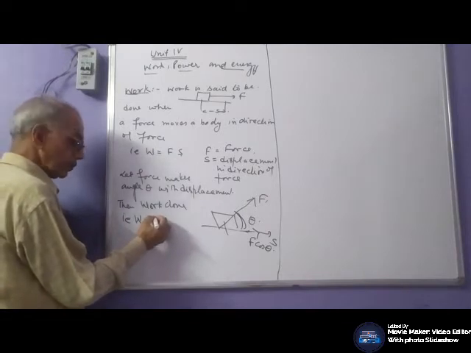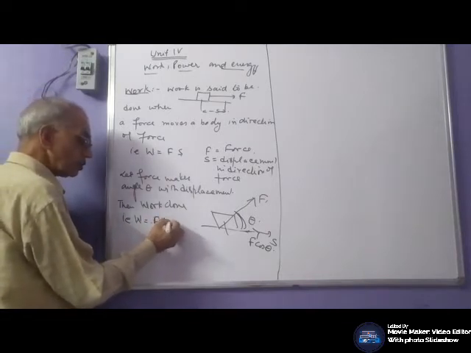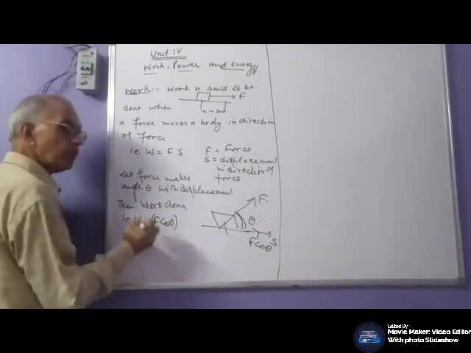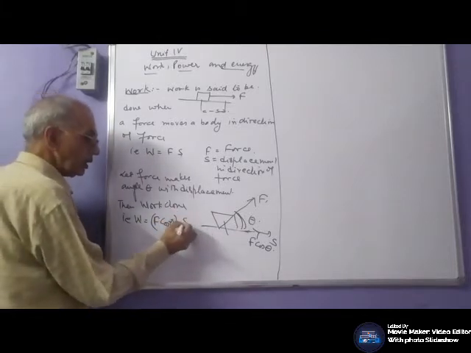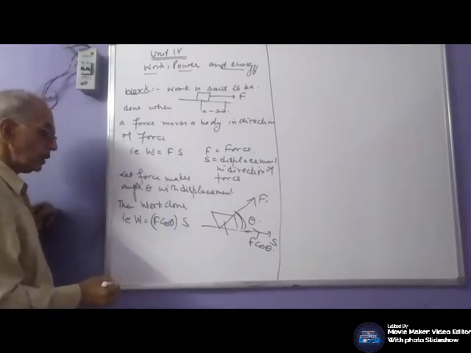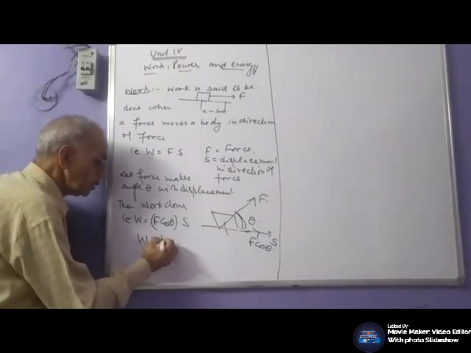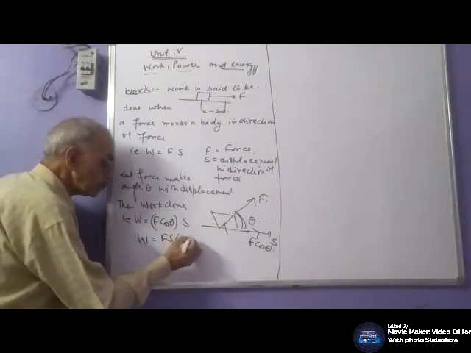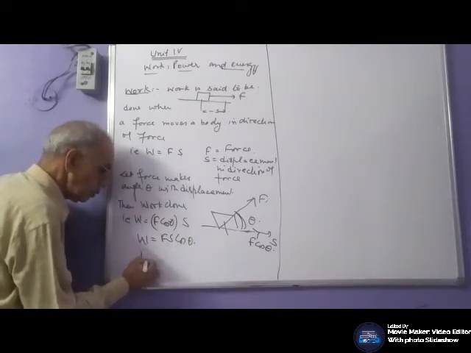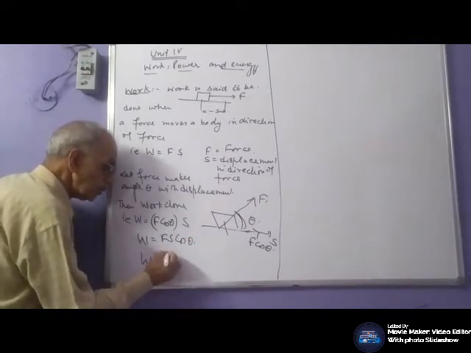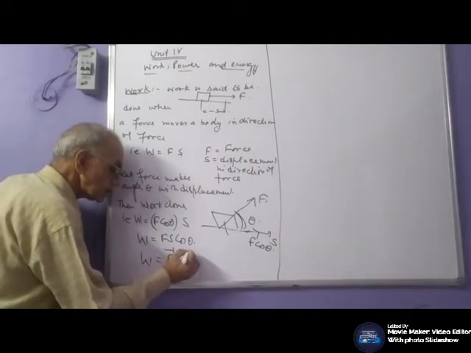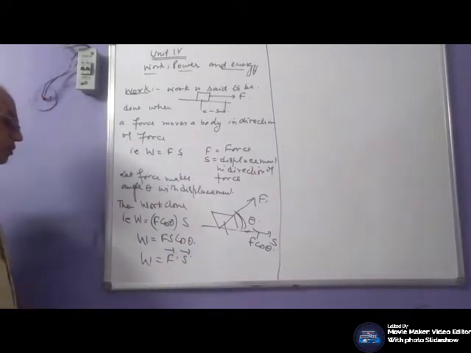So F cos theta, this is the force and this is displacement, both in the same direction, so W = Fs cos theta, or W = F dot S.